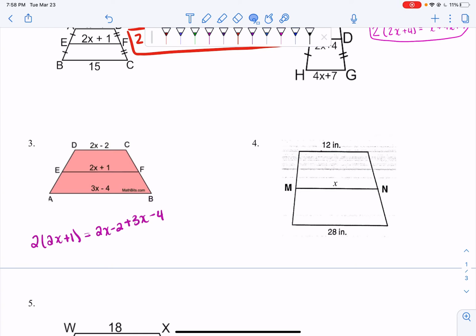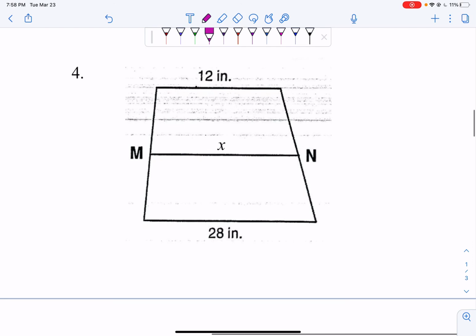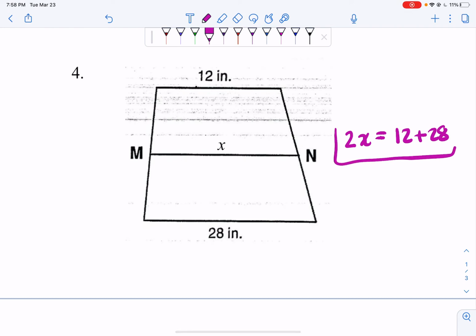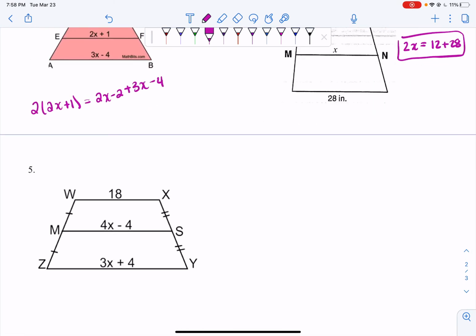Number 4. This one looks a little weird because I have just numbers instead of expressions, but it's still the exact same process. My median is x, so I'm going to double my x. So I'm going to do 2x equals base plus base, so 12 plus 28. And then we would solve that equation. We're going to be doing that tomorrow.